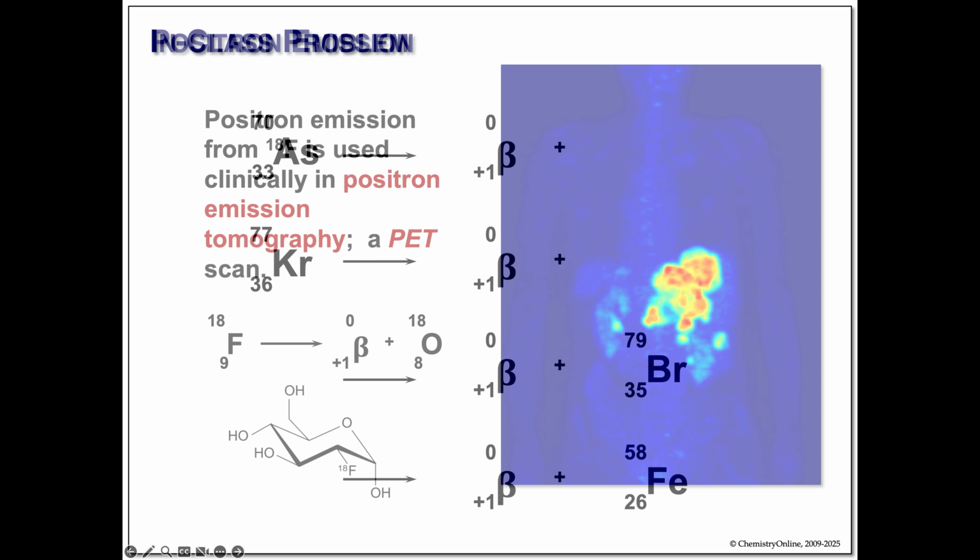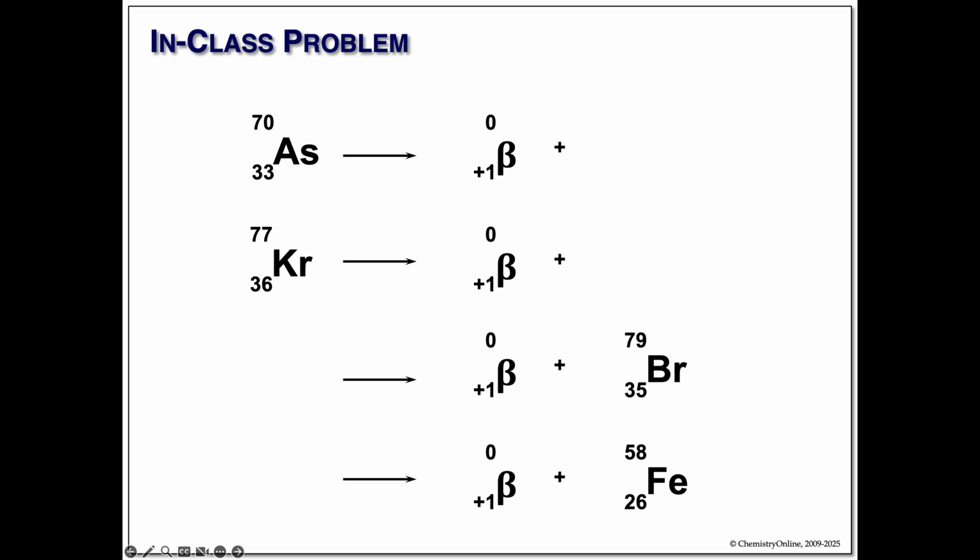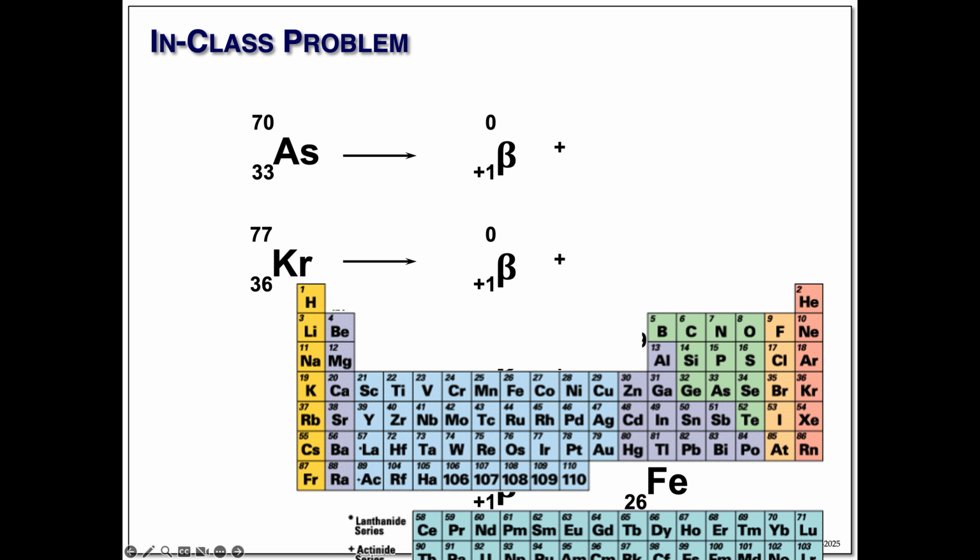Well, let's do another little set here with positrons. Arsenic, atomic number 33, is going to drop to 32. 32 will start here, goes down to germanium. The mass number will not change.